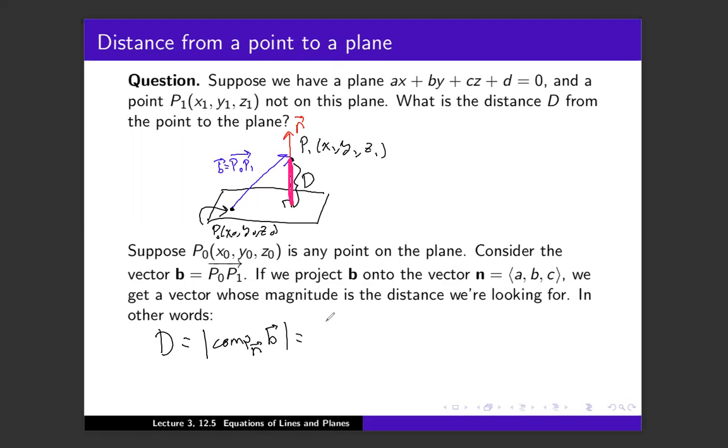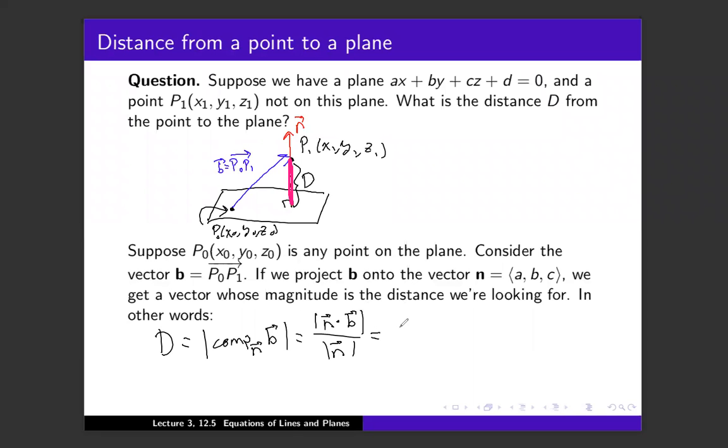If you unravel that, that's going to give you the absolute value of n dotted with b over the magnitude of n itself.